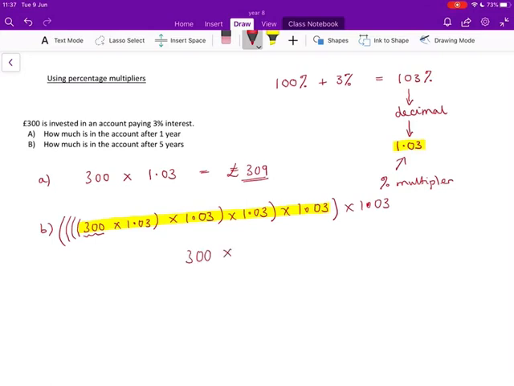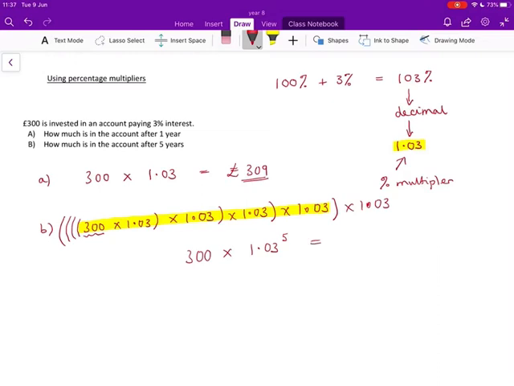So a quick way is to take our initial amount of money and multiply by 1.03 to the power of 5, because we've multiplied by 1.03 a total of 5 times. So this is our quick way of increasing something by 3% for 5 years.